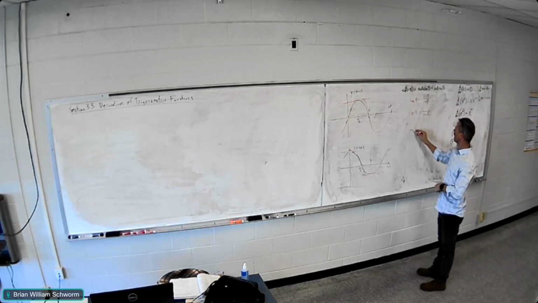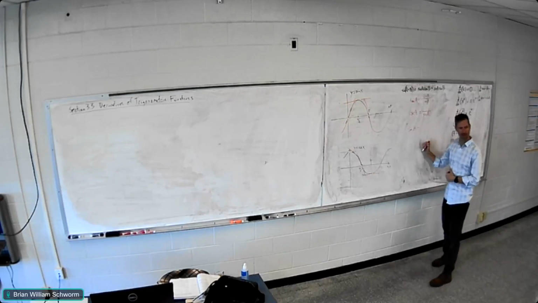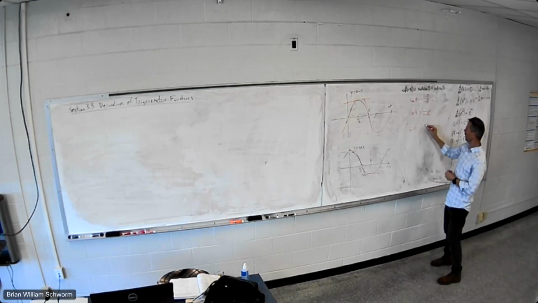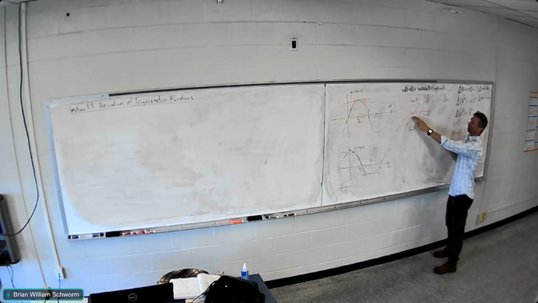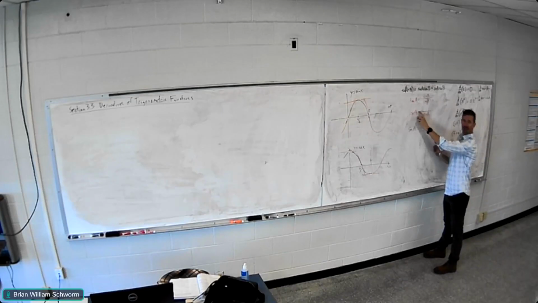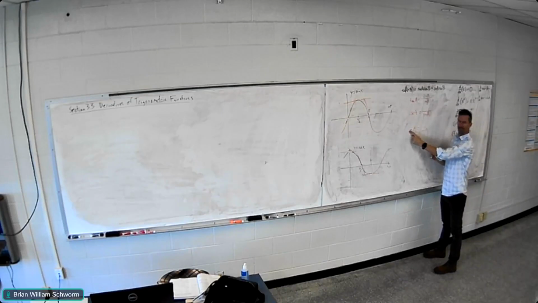And secant, 1 over cosine. The way I remember these is they're called co-functions of each other. You always have, in these relationships, one of them that starts with the prefix co. Cosecant is related to sine. Secant is related to cosine.